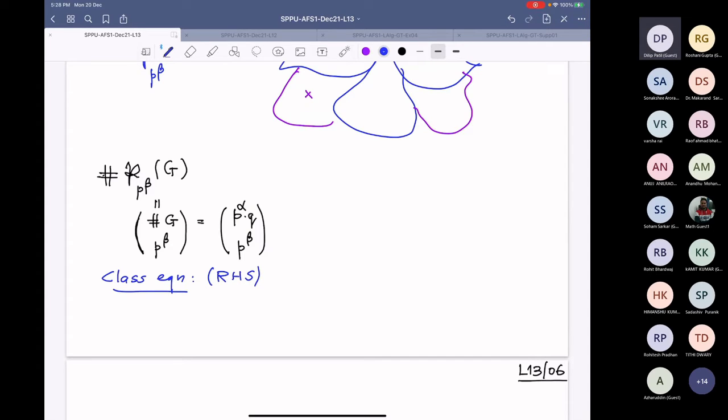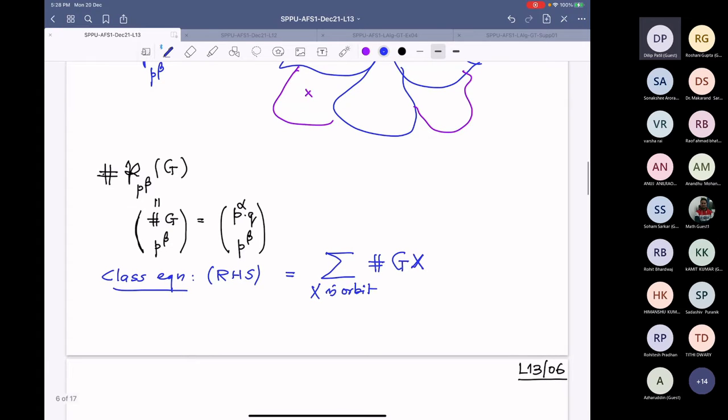So the count is equal to the sum of the cardinalities of the orbits, where this sum is varying over the orbits. Here x is a representative of that orbit, the orbit being Gx.